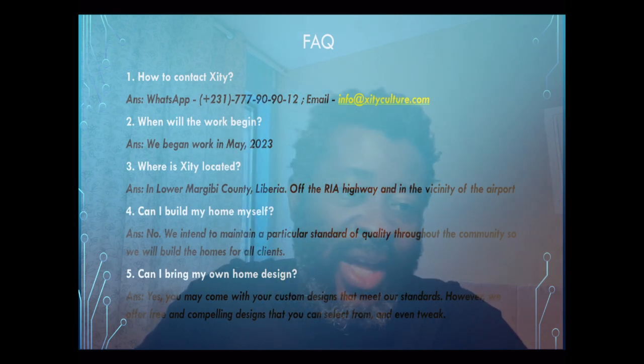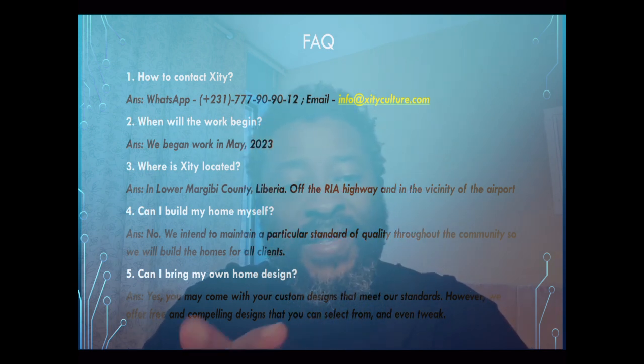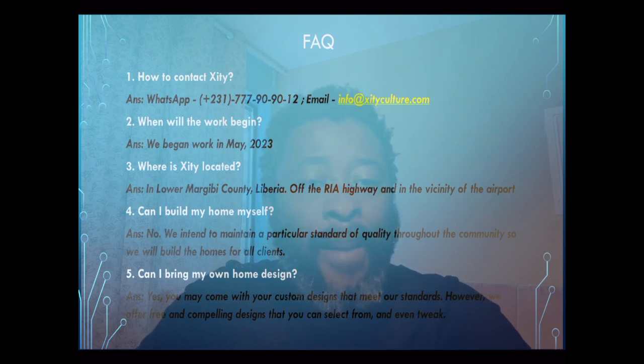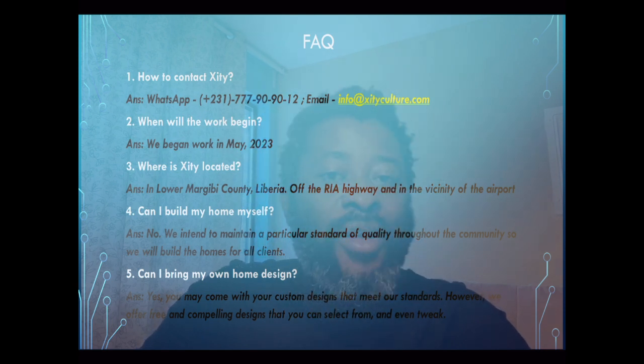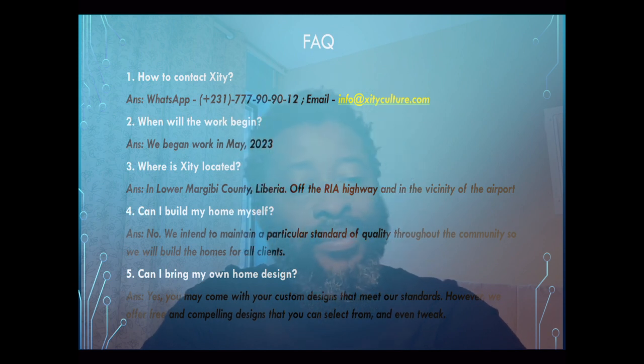Where is Xity located? It is located in Lower Margibi County, Liberia. It's off the RIA highway within the vicinity of the international airport. Can I build my home myself? The answer is no. We intend to maintain a particular standard of quality throughout the community, so we will build the homes for all clients.